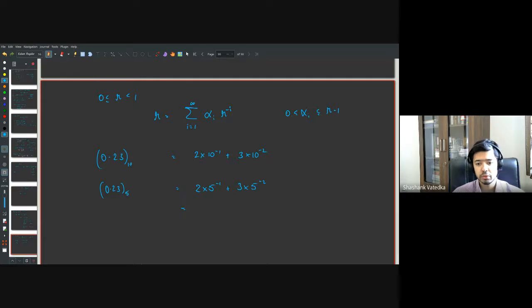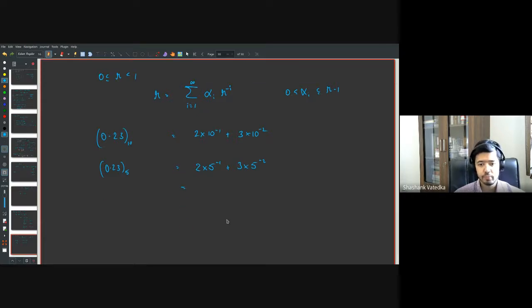So what will this be equal to? 0.52. Okay, so it is 0.52 in base 10. So 0.23 in base 5 corresponds to 0.52 in base 10. Correct. So it's the same number.